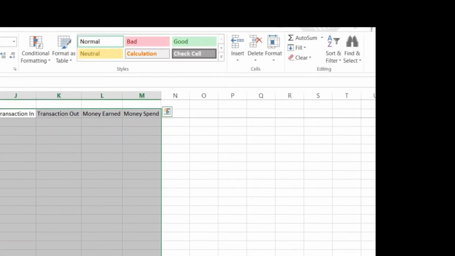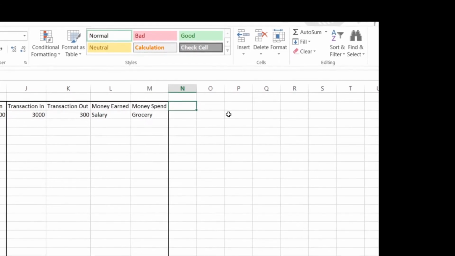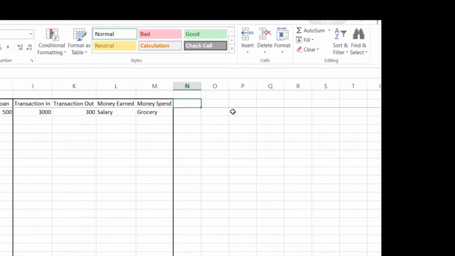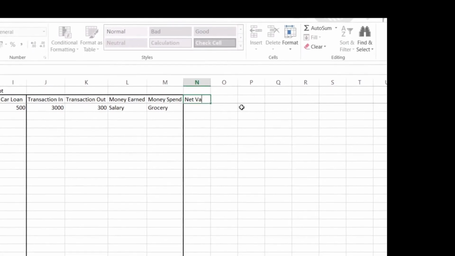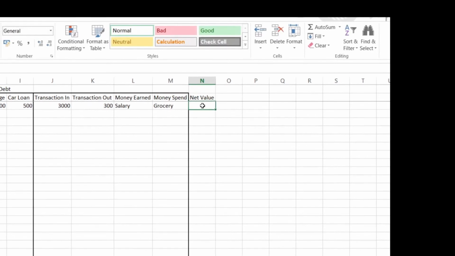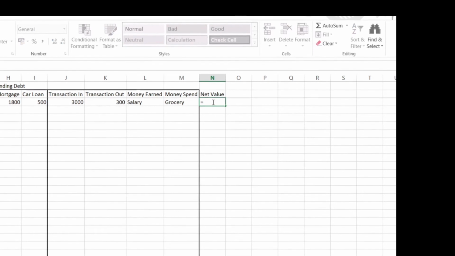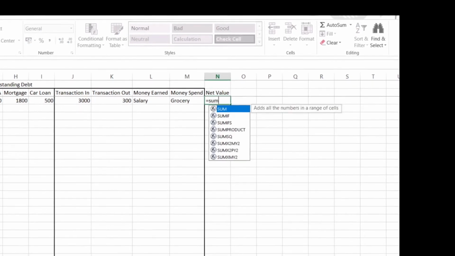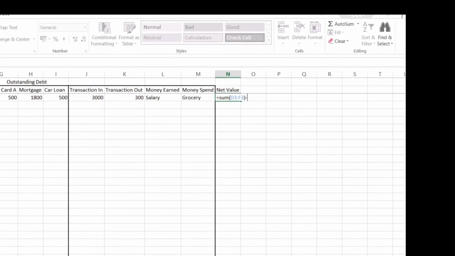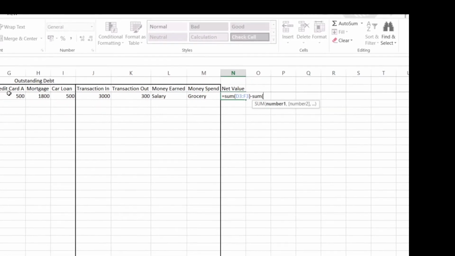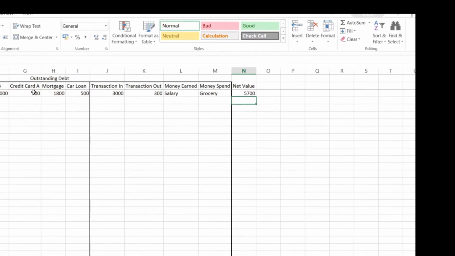Okay, then just another tick box. So here is just to know your net value. The net value on that day is your cash and assets plus outstanding debt. So I say sum here minus sum of here, that is your net value for that day.